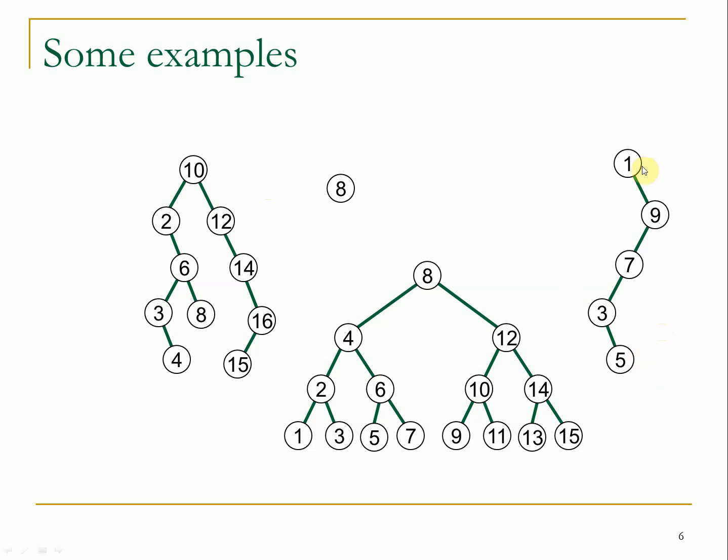However, this is also a binary search tree because the root is 1, there is no left child, and all the right children are greater than 1. Good. For node 9, all the left side are smaller. That's good. Node 7, all the left side are smaller. Node 3, all the right side are larger. So this is also a binary search tree.